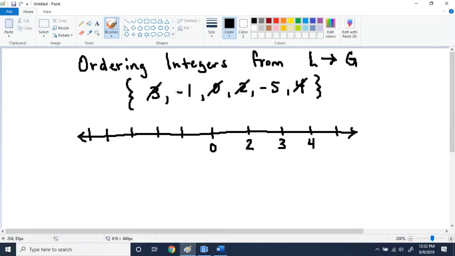Okay, so I have a -1 left and a -5. So when you put your negative numbers on, starting from 0, you're going to count out 1, 2, 3, 4, 5, and the numbers get bigger going out, but they actually get smaller in value. So we're going to have a -1 and -5.